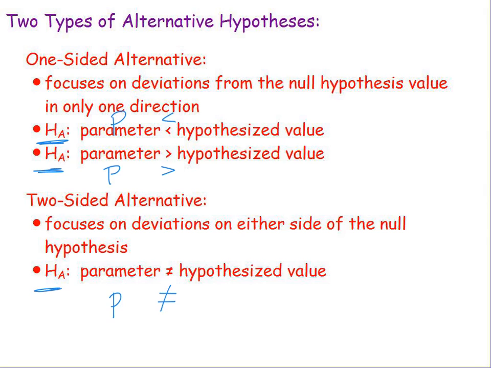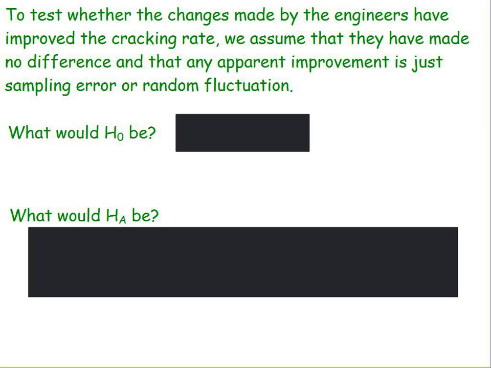So now we're going to go back and look at our example. We were talking about the ingots. To test whether the changes made by the engineers have improved the cracking rate, we first assume that they have made no difference, and that any apparent improvement is just sampling error.